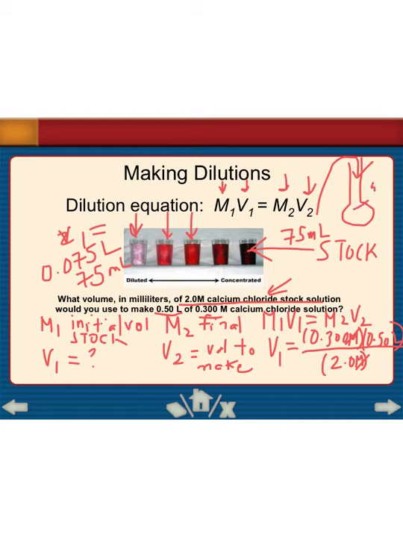So this would be a 500 milliliter volumetric flask. And in the end, the concentration in this volumetric flask would turn out to be 0.300 molar calcium chloride. Okay, so that's the process.